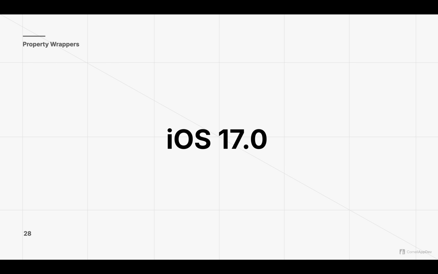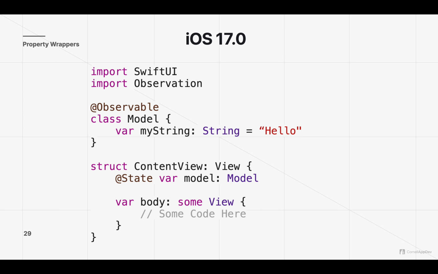And then an important side note is that for iOS 17, they changed this with the introduction of the observation framework. But the reason why we still teach you the old way is because some apps can have a minimum target of iOS 15 or 16. Most likely 16, since that's when the navigation stack was introduced.